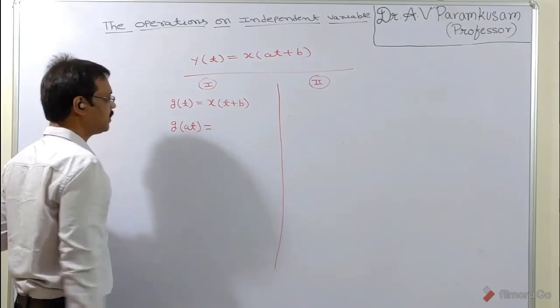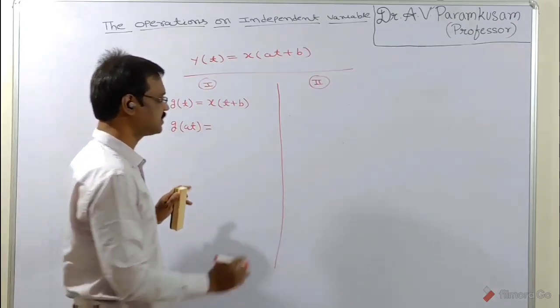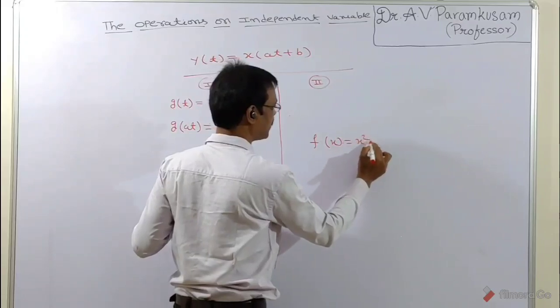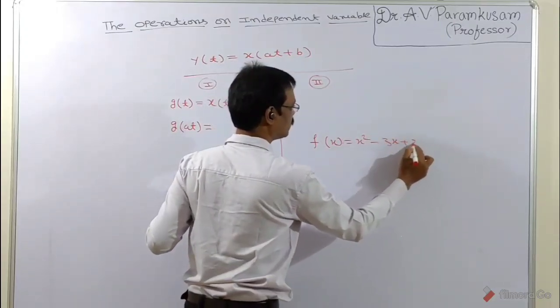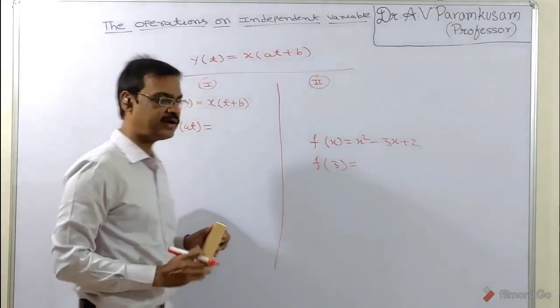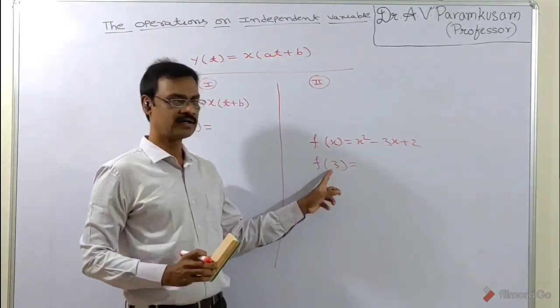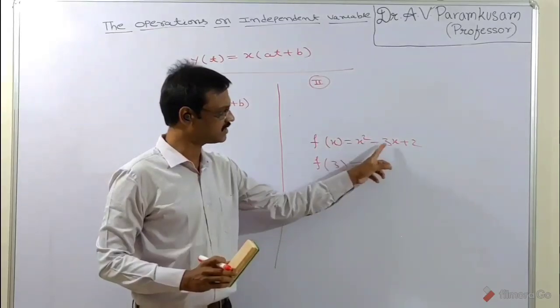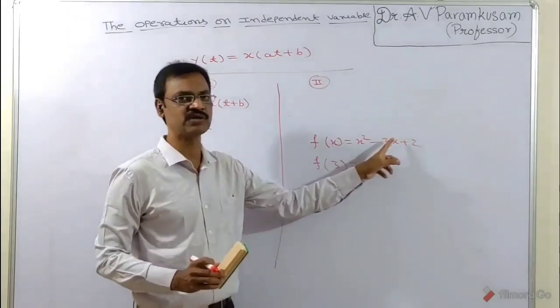Here the thing is that suppose I give you f of x is equal to x square minus 3x plus 2. Then if I ask you to find f of 3, how do you find it? In place of x, 3 is there. So on the right side also, wherever x appears, in place of x you have to substitute 3.